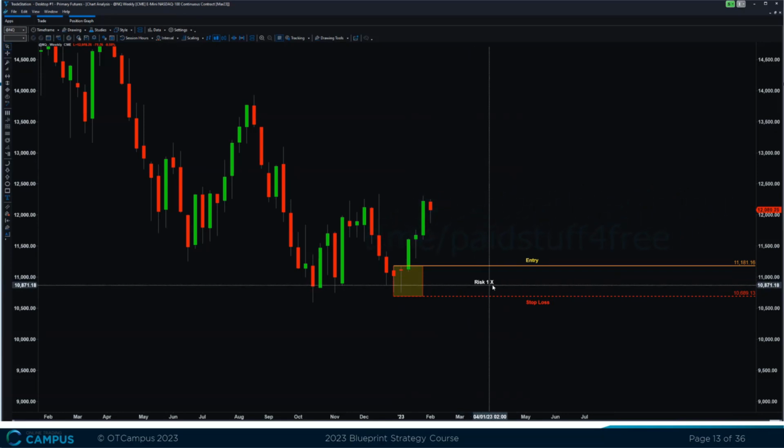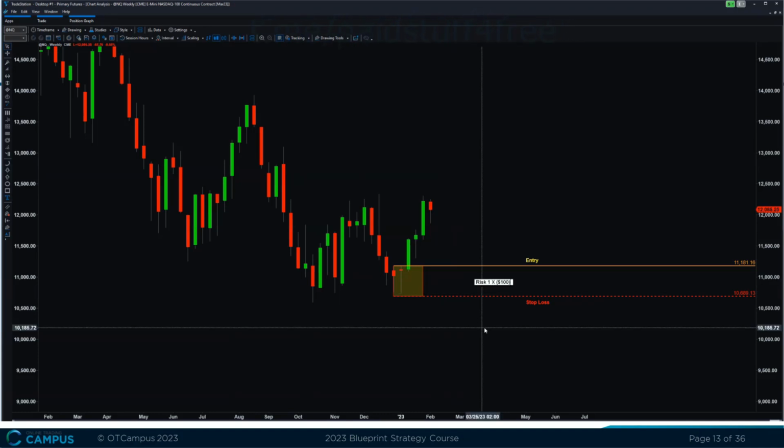This could be $100, this could be $200, this could be, for a more experienced trader, $1,000, and so on and so forth. So if this is our risk, now all of a sudden, let's decide that 1X in this case is we want to risk $100 on this trade.